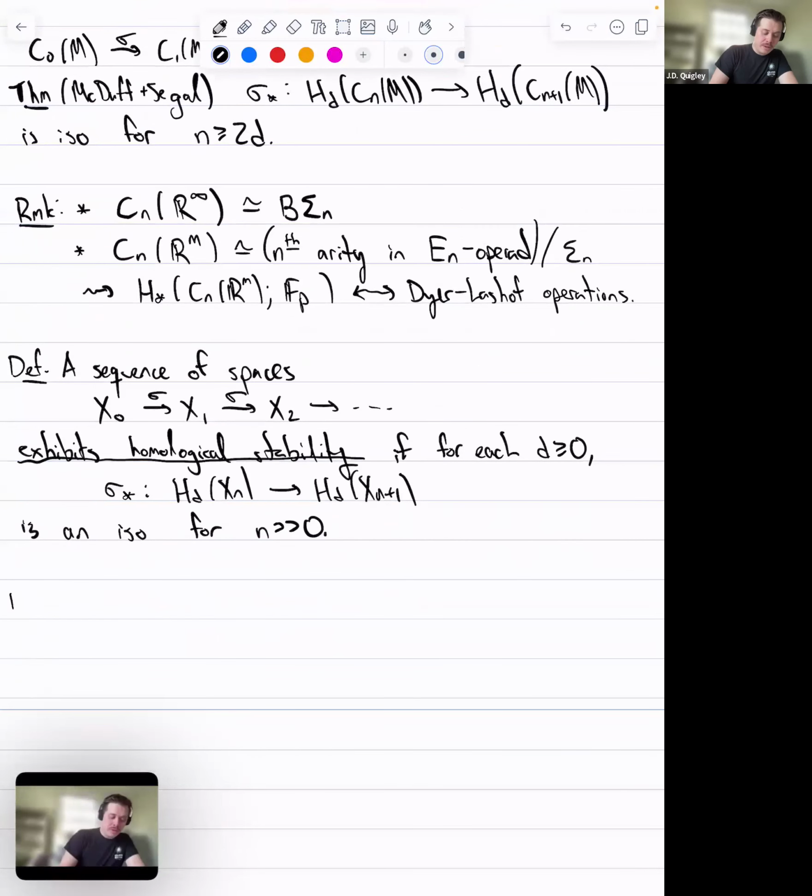One remark I want to make: I think this is the most classical way of looking at homological stability, but there are many other perspectives on it that are popular nowadays.